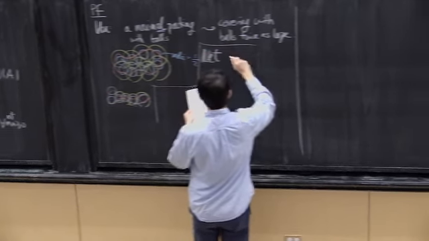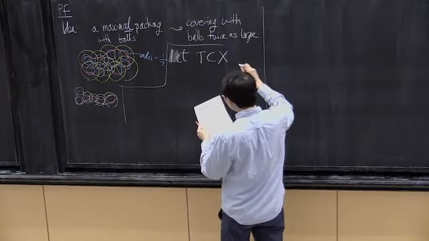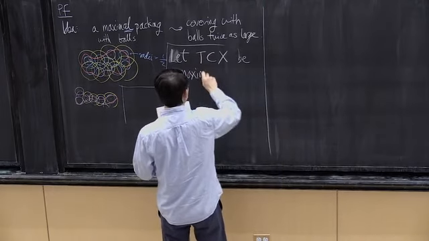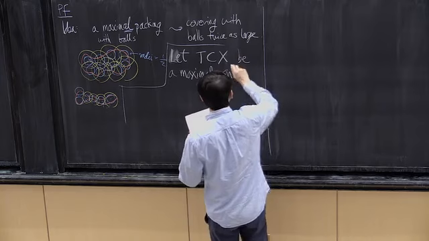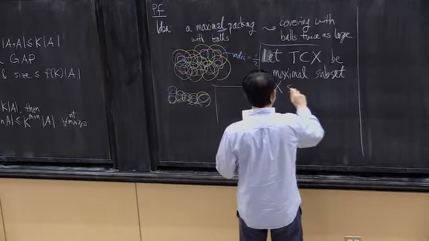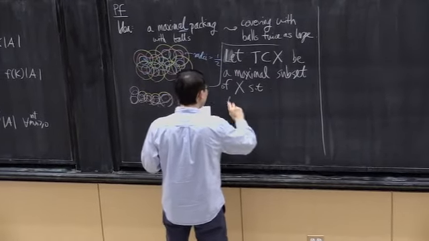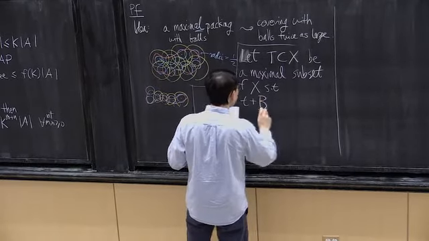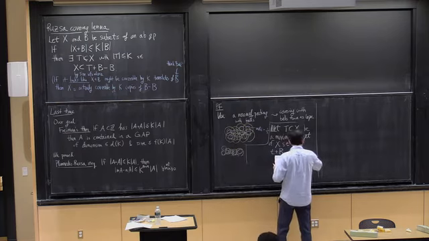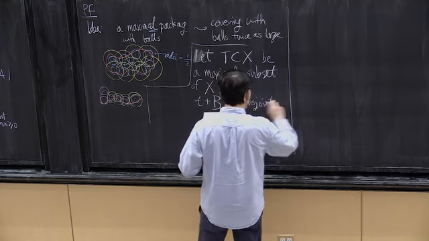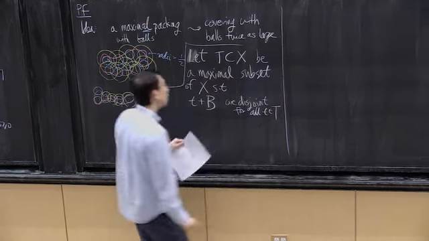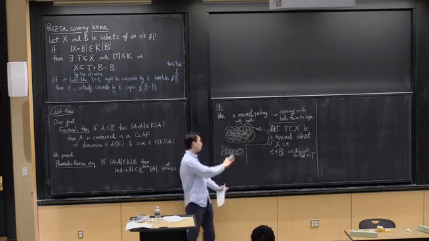Now let T be a subset of X, a maximal subset of X such that the sets t plus B are disjoint for all elements t of the set T. Okay, so it's like this picture.